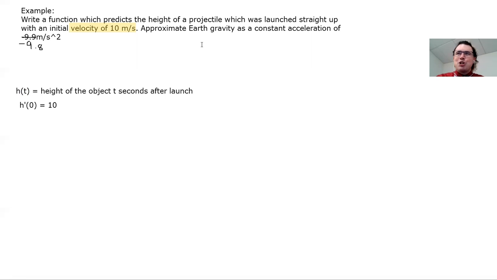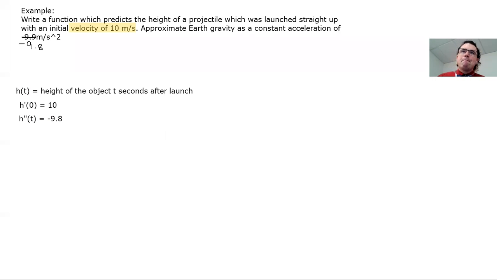So acceleration governs how much our velocity changes. The units for that are meters per second squared. And as long as we are relatively close to the surface of the Earth, that acceleration shouldn't be changing by too much. Remember, we've got sort of an inverse square law that governs the acceleration due to gravity.